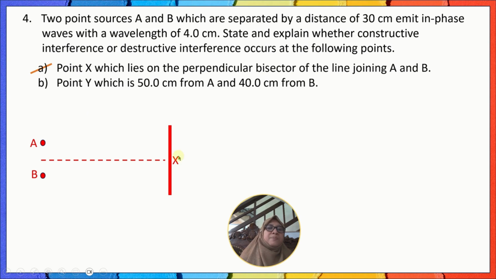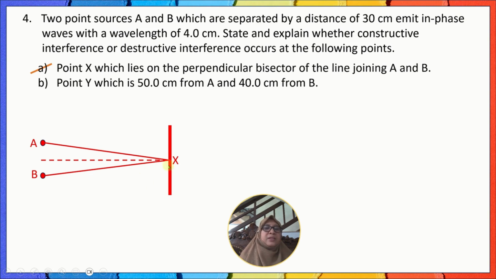Given the question for point X, we draw the rays. The path of the light from A to X and B to X will be the same, because this is a point that lies on the perpendicular bisector of the line joining A and B. So therefore AX and BX are the same path.